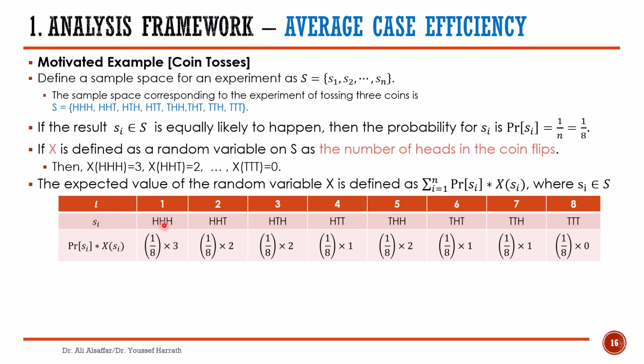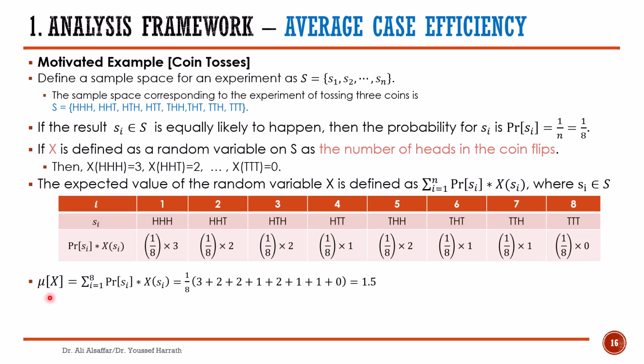For the first outcome, we have 3 heads. The probability is 1 over 8 and the value of X is 3 because it has 3 heads. And for the second outcome, we have 2 heads and 1 tail. The probability is again 1 over 8 and the value of X is equal to 2 because it has 2 heads, and so on for the rest of the outcomes.